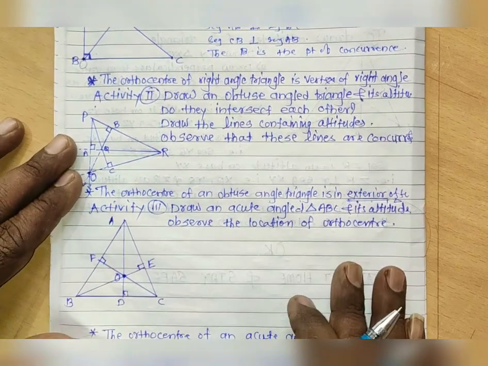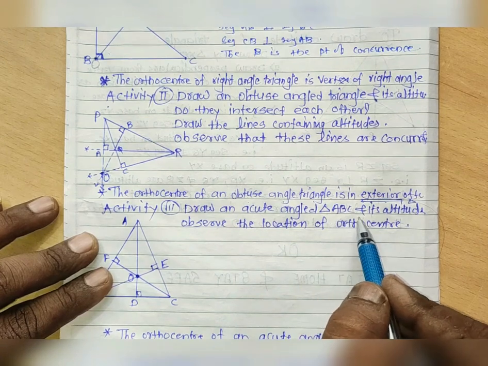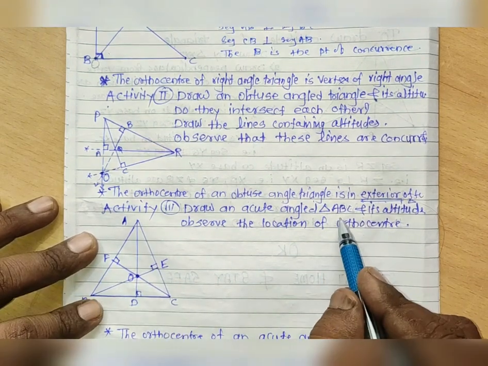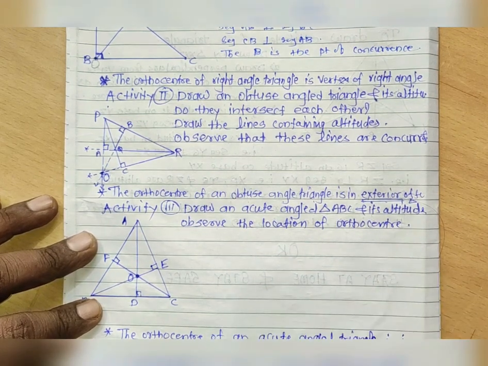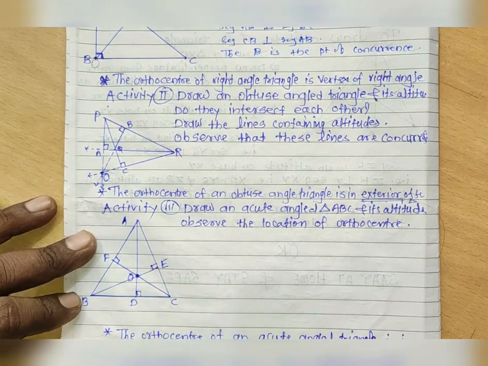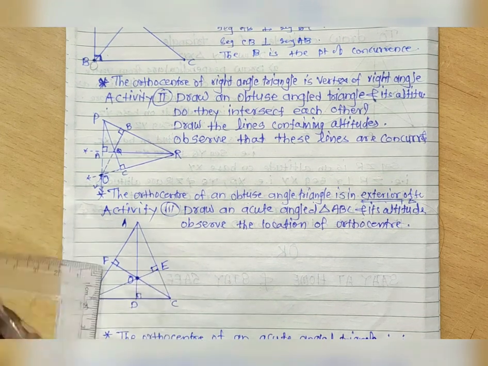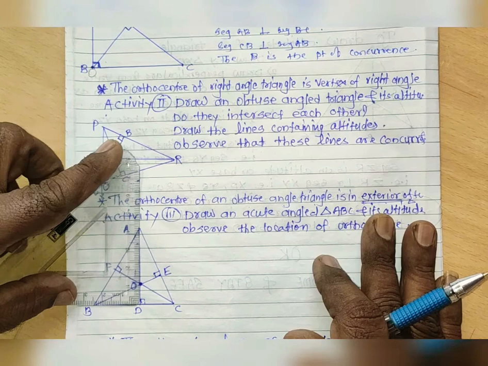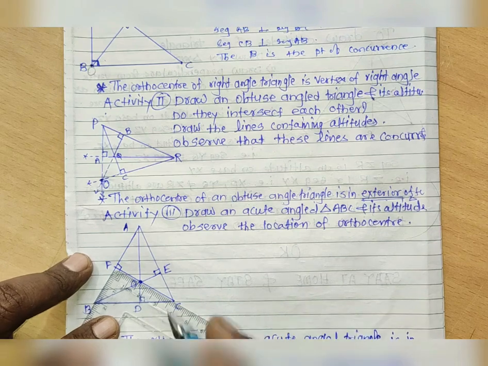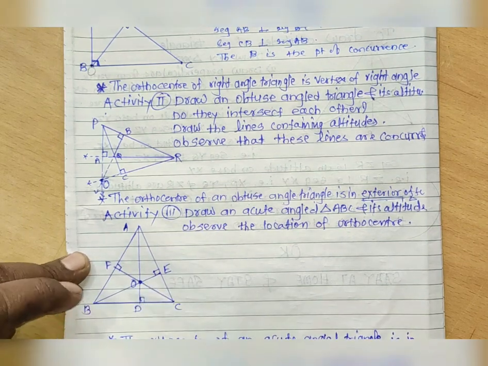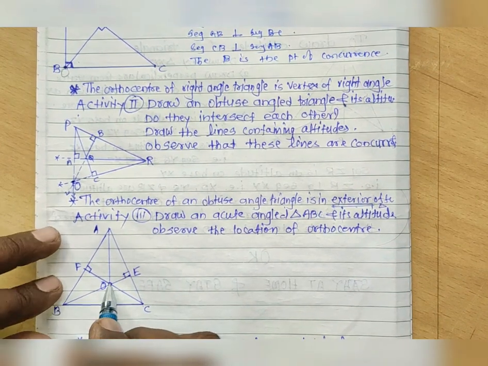Now third activity, draw an acute angle triangle ABC. Now ABC is the acute angle triangle, and if you draw its altitudes and then observe the location of the orthocenter, if you draw the altitudes with the help of a set square from each vertex in this way, on each side as the base, those altitudes meet at this point O, and that O is nothing but the orthocenter.